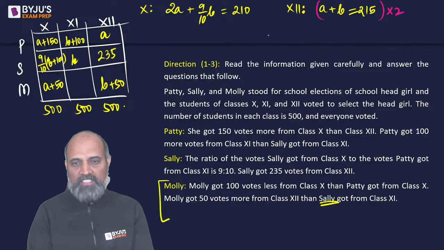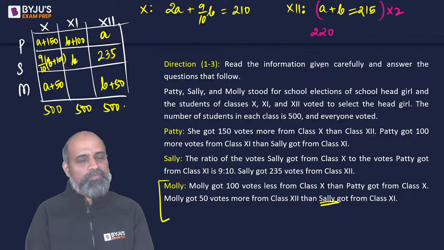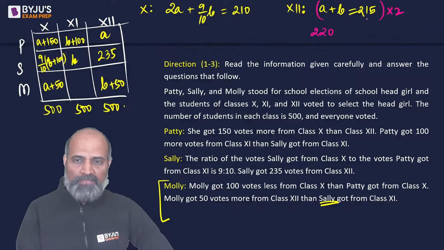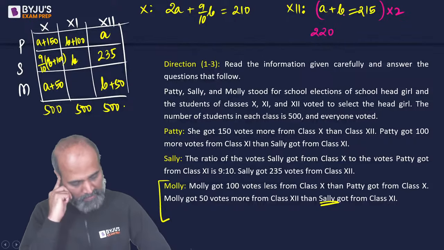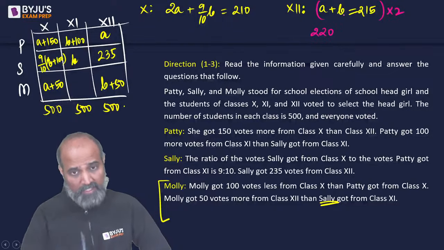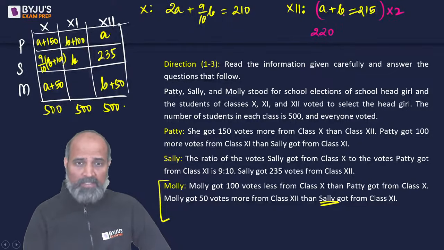If I double this and subtract, so 430 and 210, this is 220. And this is going to give us 2B.